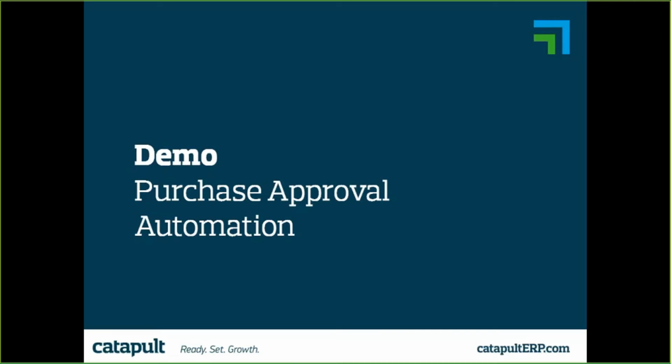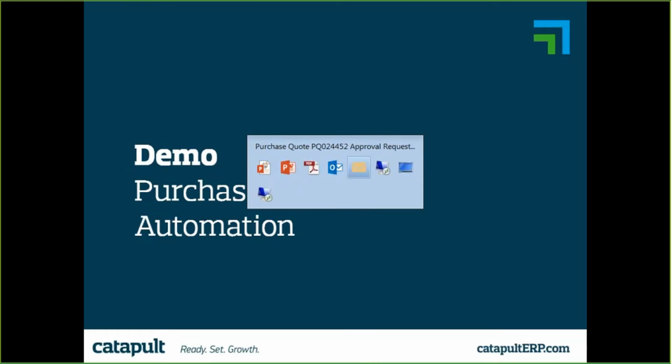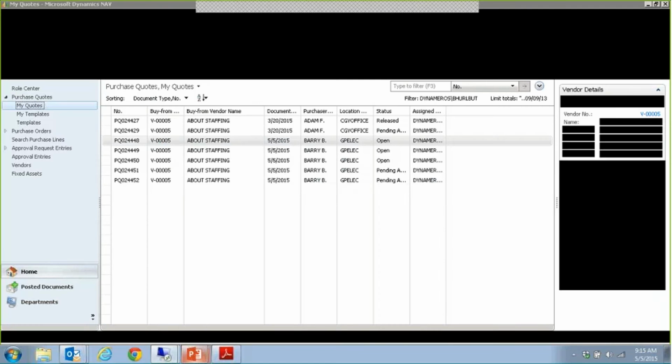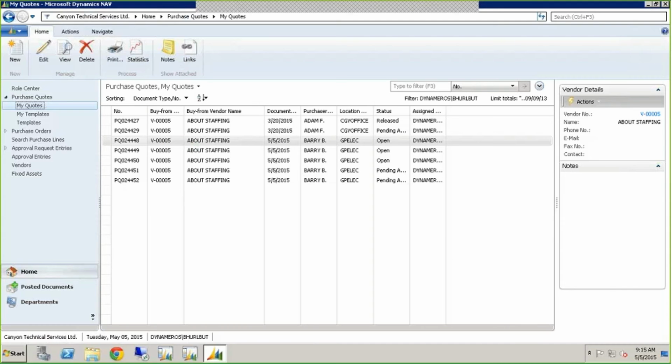So I'm just going to flip over here into their environment right now, and I've already created a bunch of purchase quotes. So you'll see here, and I've actually come into a role center that is designed specifically for purchasing, for people who are doing purchases at Canyon Technical Services.